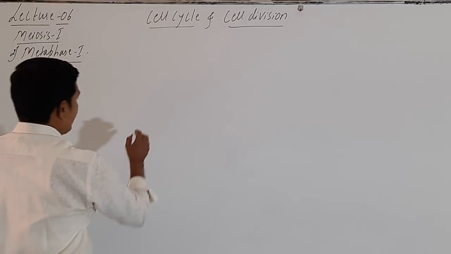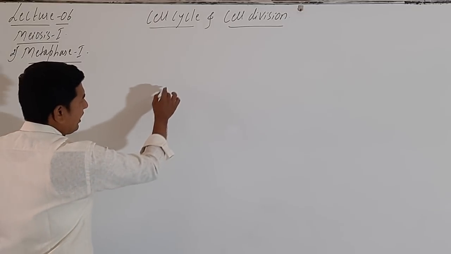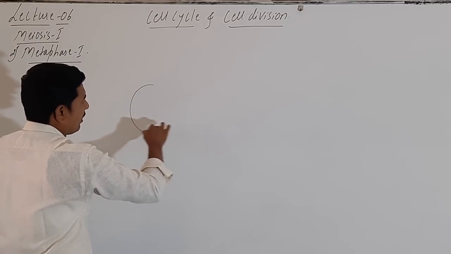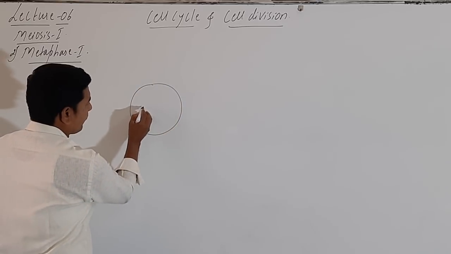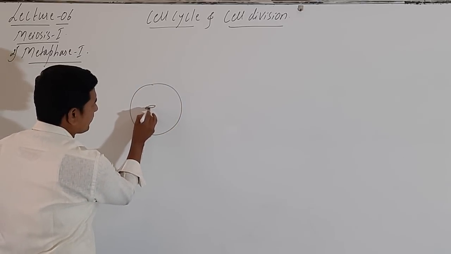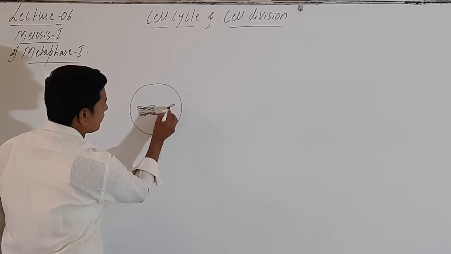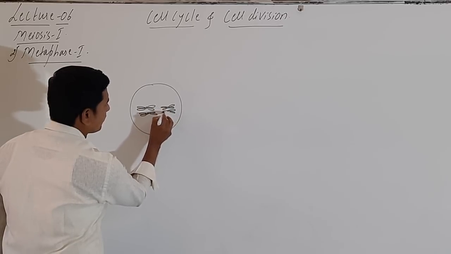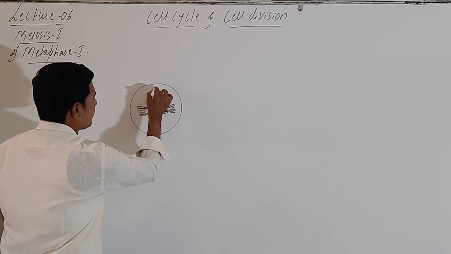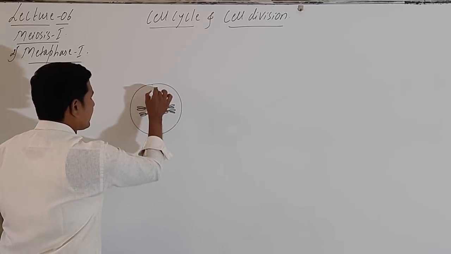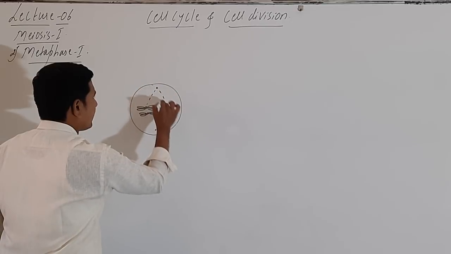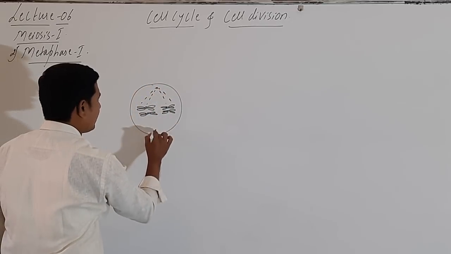So in metaphase 1, if we look at the structure, here the chromosomes are arranged at the equatorial plane.